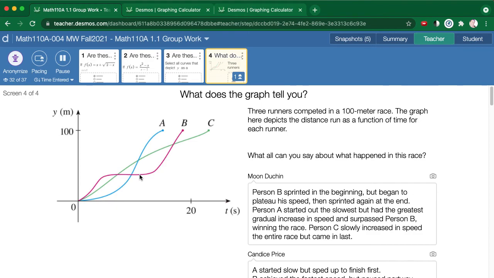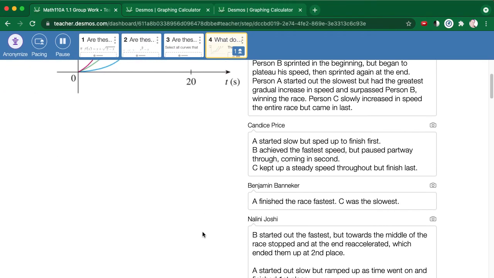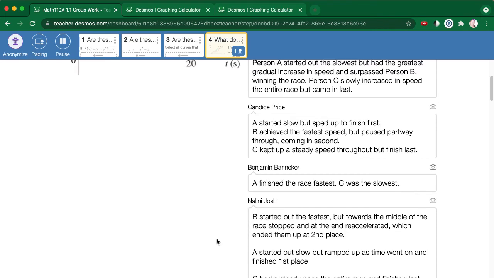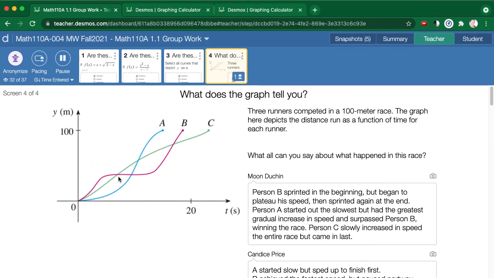What is B doing? Is B running at a slow but steady pace? Or one person actually said that B stopped towards the middle of the race. So did B settle at a slow pace, or did B actually stop running?